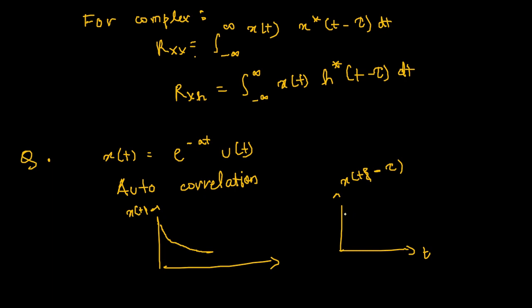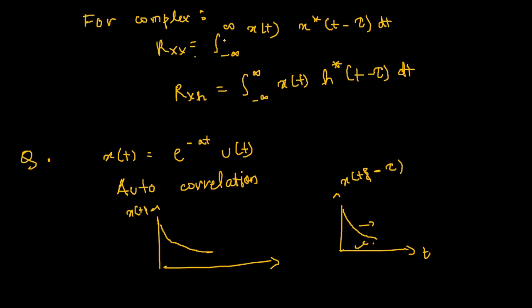And what we do is this graph stays the same, and it's just shifted slowly to the right. At the start, what is the common region? At tau equal to 0, from 0 to infinity everything is common, because it's literally the same graph.